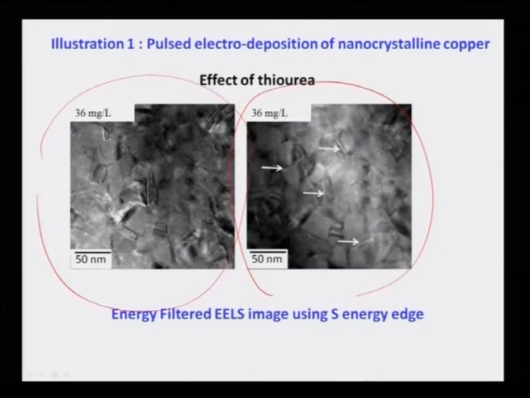There you can see bright lines at the grain boundaries in many places. This bright line signifies the presence of sulfur, and as I told you even in the very first lecture, thiourea is a molecule which contains sulfur other than nitrogen, hydrogen and carbon, and sulfur is the distinct part of the molecule.